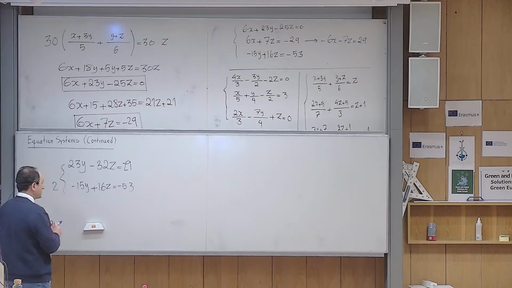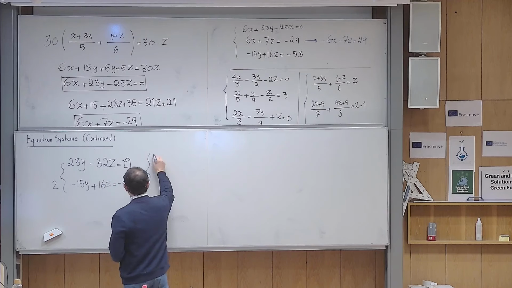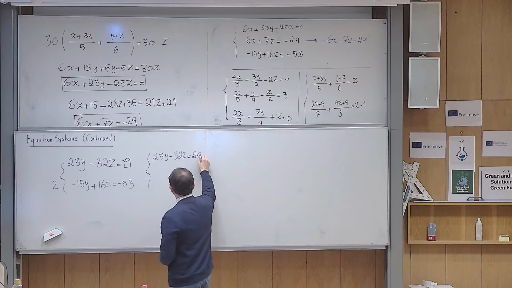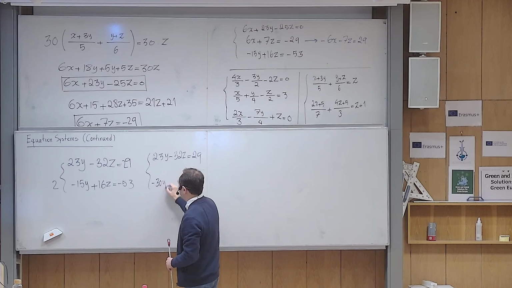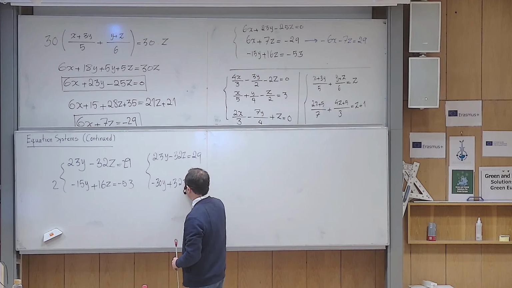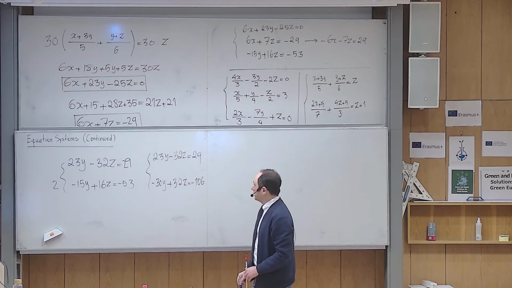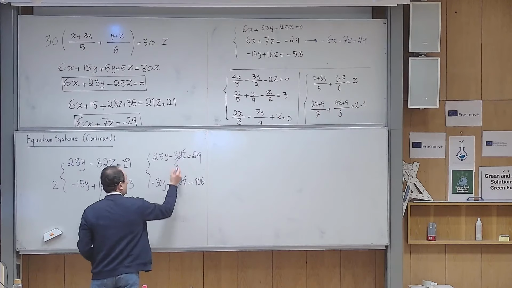So what happens? I will have my first equation, 23y minus 32z is equal to 29. I multiply the second equation by 2: minus 30y plus 32z is equal to minus 106. And when I add them, what happens? This one and that one are gone.